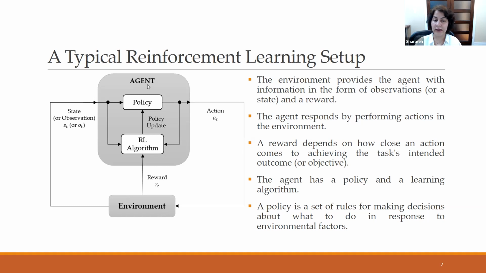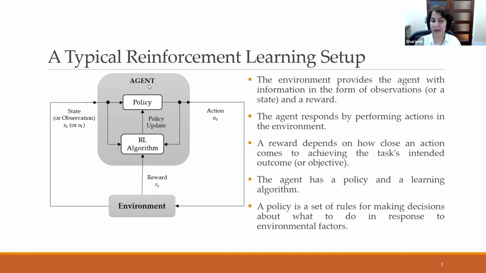The agent, depending on the observed states, takes an action, and then the action is received by the environment and implemented. Depending on the outcome, and how close or far this outcome is from the intended objective of the task, a reward is given to the agent, and the agent learns that way.